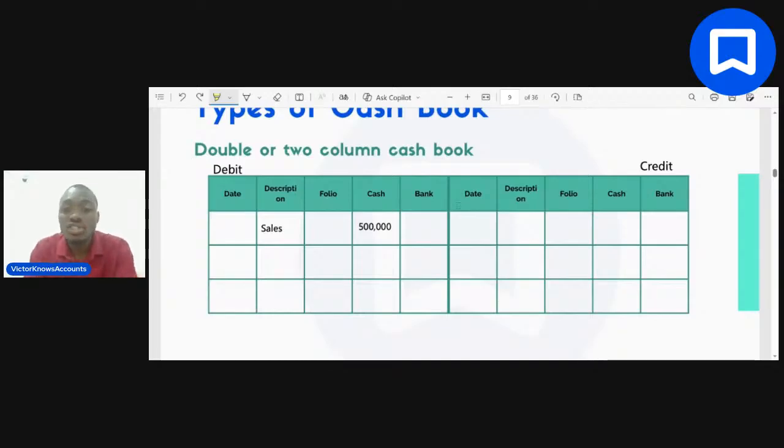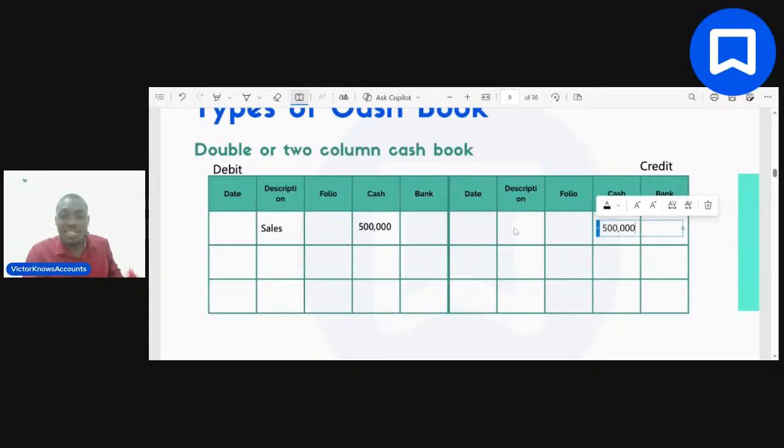So in the case of my hypothetical example now, we want to remove money from cash. So I have to credit cash with 500,000 to show that money is leaving there.